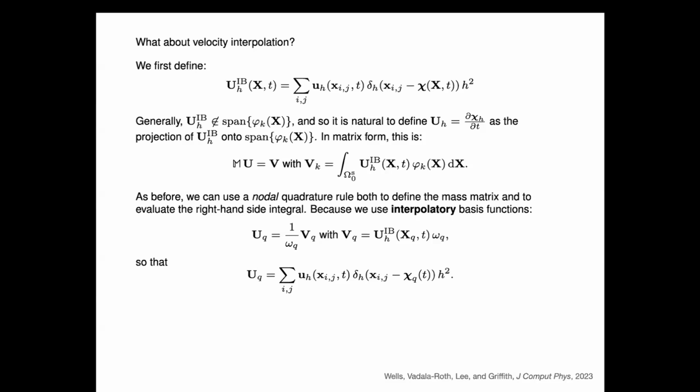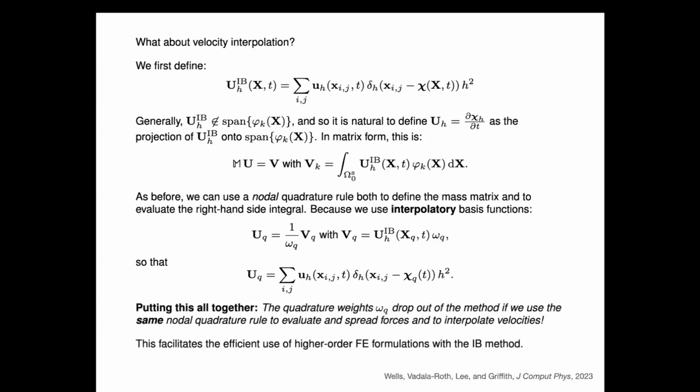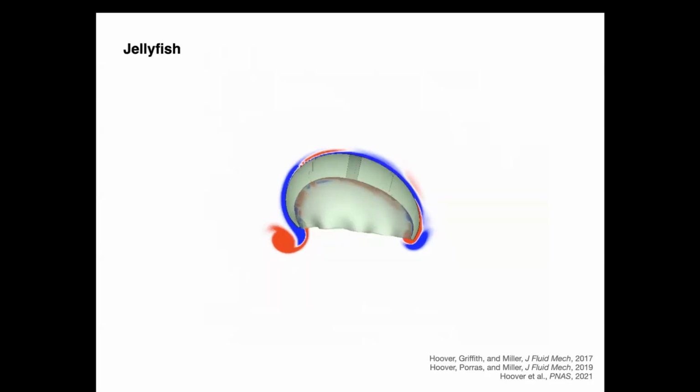By doing that, you get a method that doesn't depend on the quadrature weights at all, which is kind of surprising. But a convenient thing about this is that we're able to use higher order finite element formulations without having to solve these denser consistent mass matrix systems. So you get this efficient nodal coupling scheme.